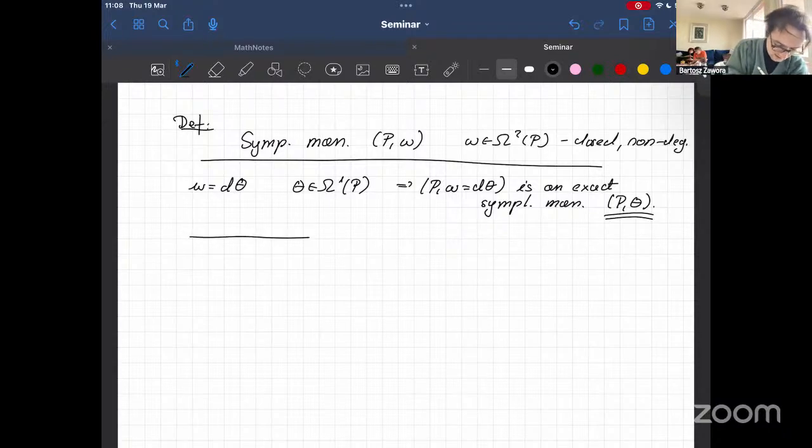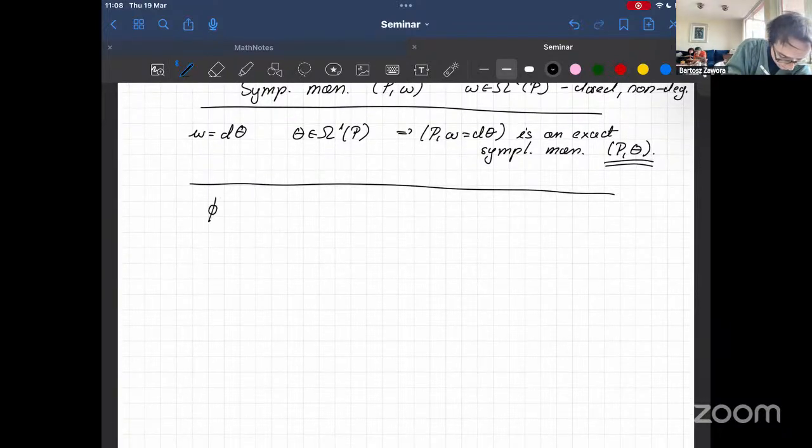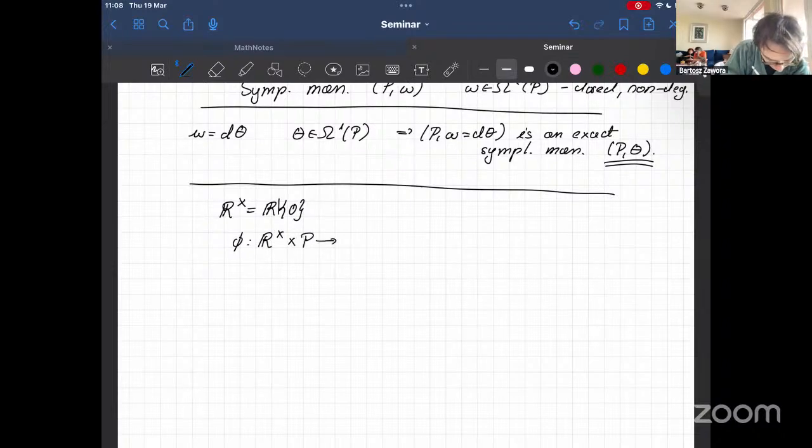Okay, so as I said, the general setting is as follows: we have an R^× action, where R^× is R without zero. So we have an action on P, a Lie group action by the multiplicative group, actually GL_1(R).